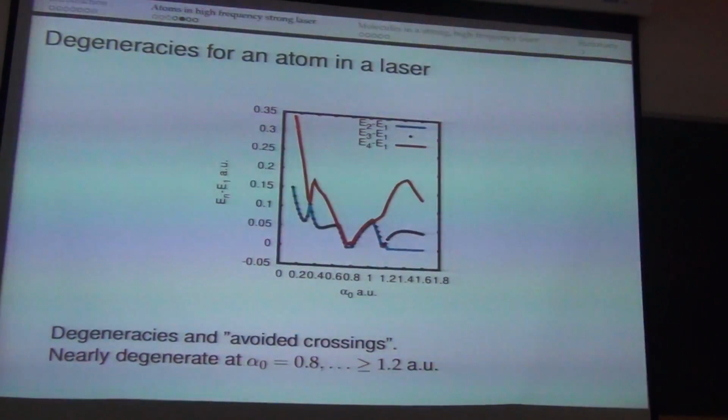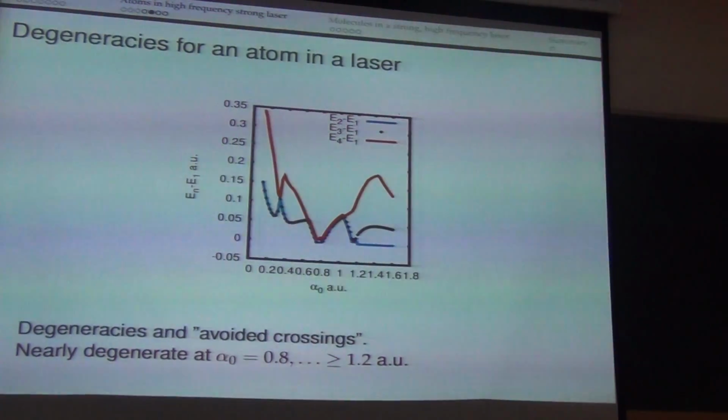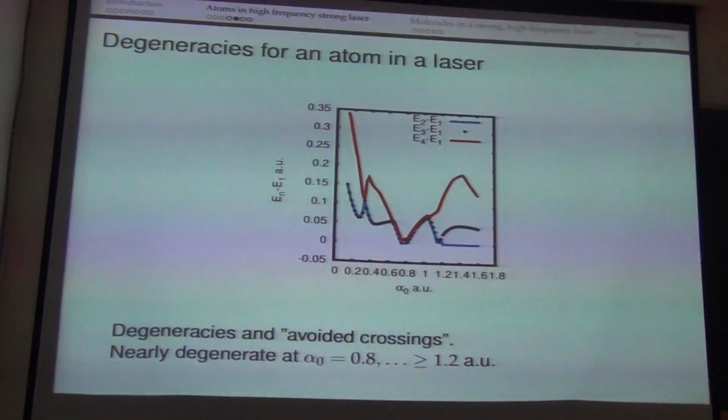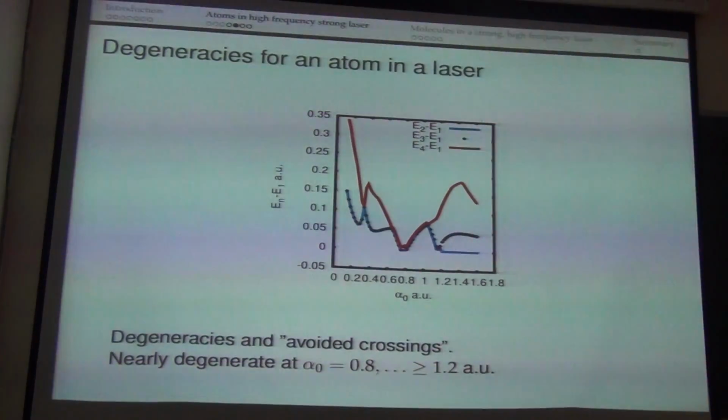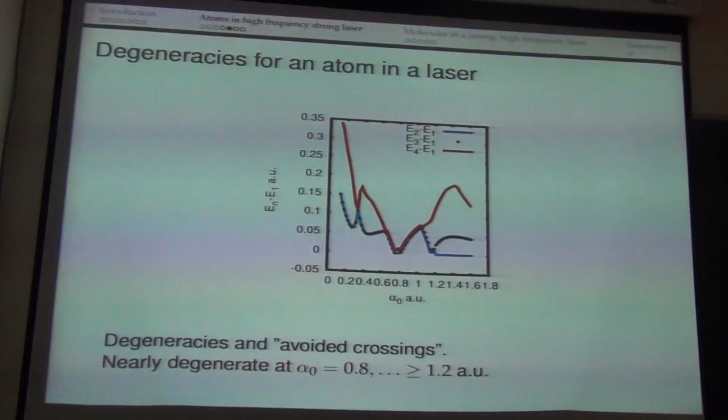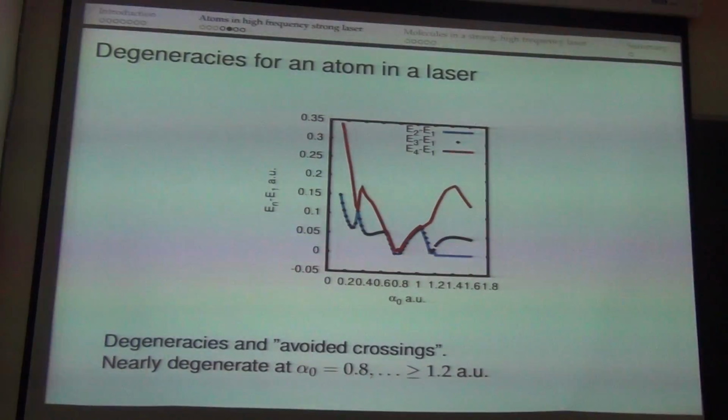What I want you to look at is the blue curve. The blue curve is the difference between the first excited state and the ground state. What you can see here is that at particular values of the quiver distance, rather the laser parameter, this goes to 0. So the ground state of the sulfur atom becomes degenerate.